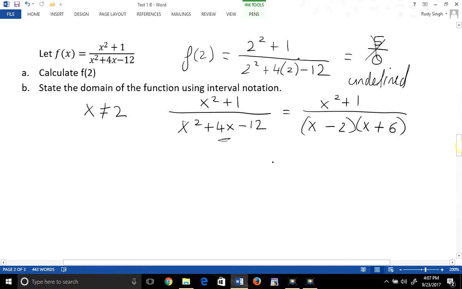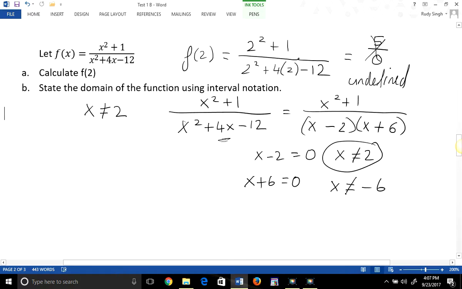Looking at this, if x minus 2 was 0, that means x was 2. So we see that's already a problem. In other words, x can't be 2. And x plus 6, if we set that equal to 0, x is equal to negative 6. Well, x can't be negative 6, because then this function won't be evaluated for that number.